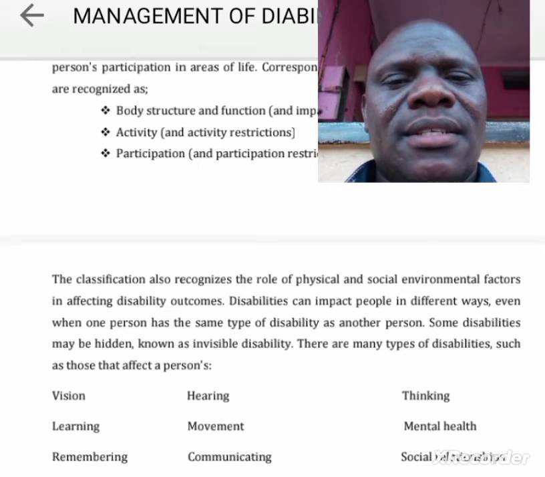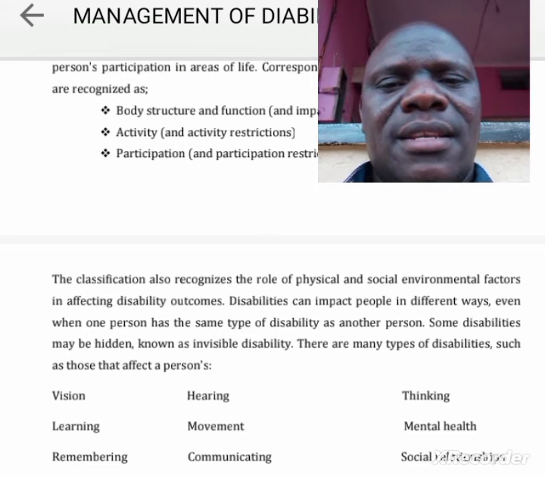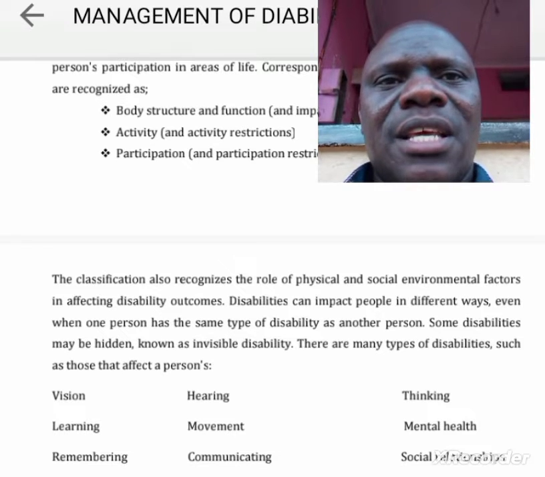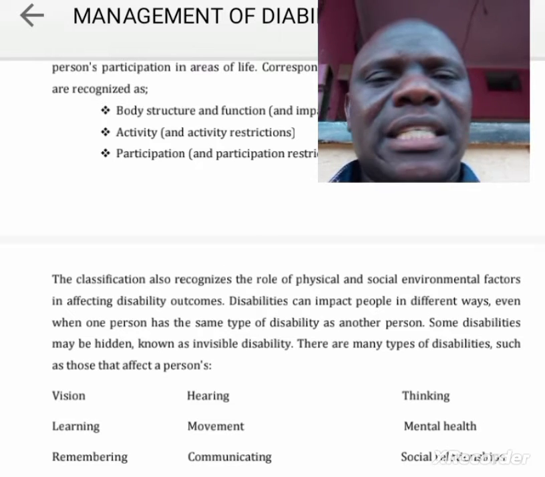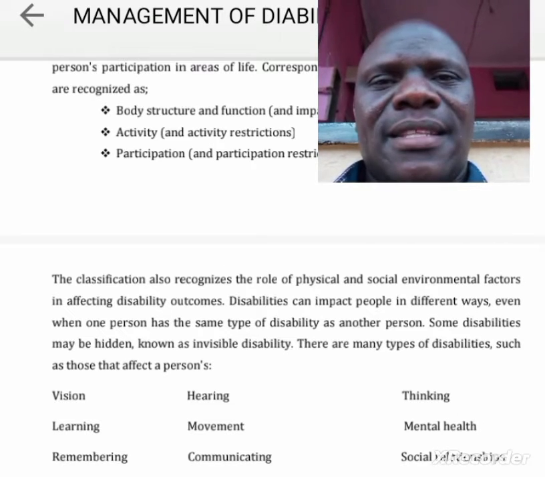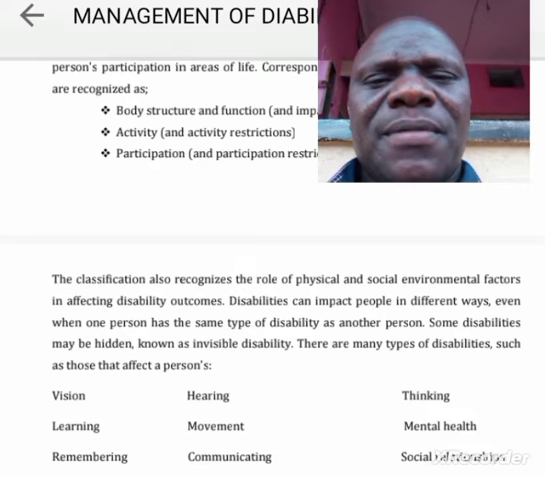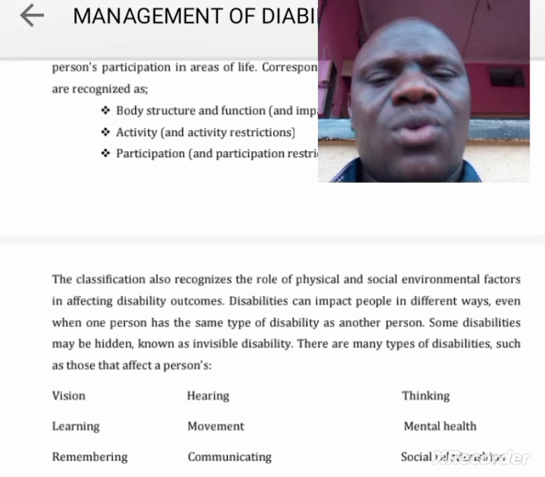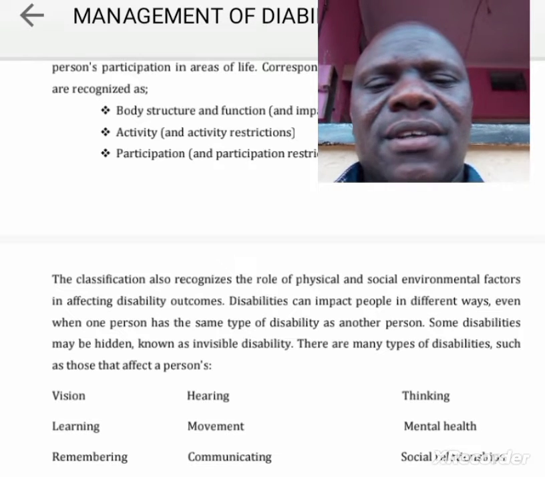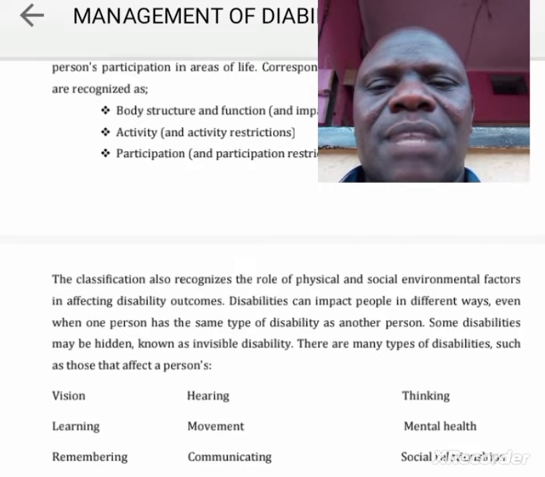Another person with the same disability may have it hidden, and like we said, that is known as invisible. There are disabilities that we cannot see with our eyes. They are invisible. And we have a list of some of the types of disabilities.